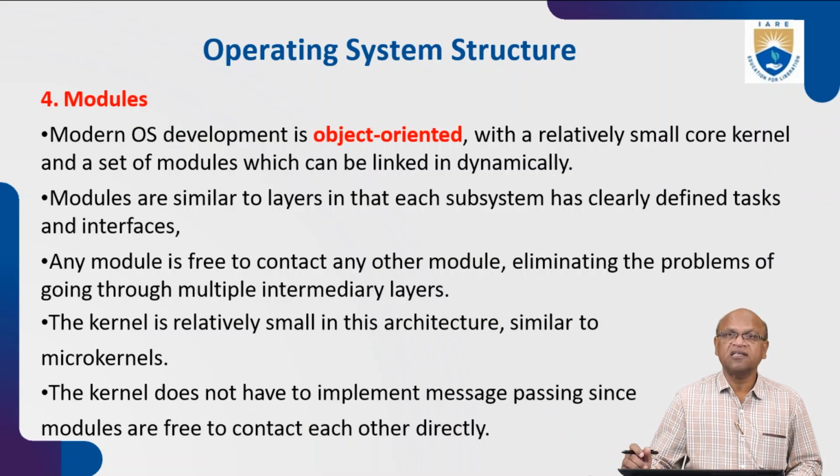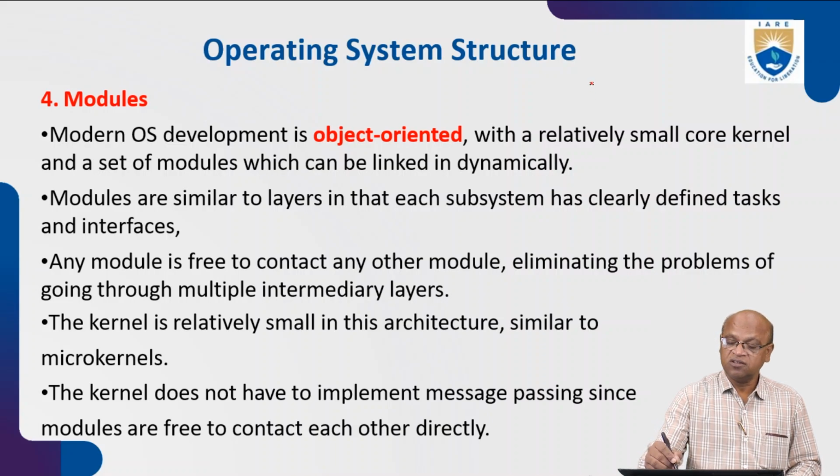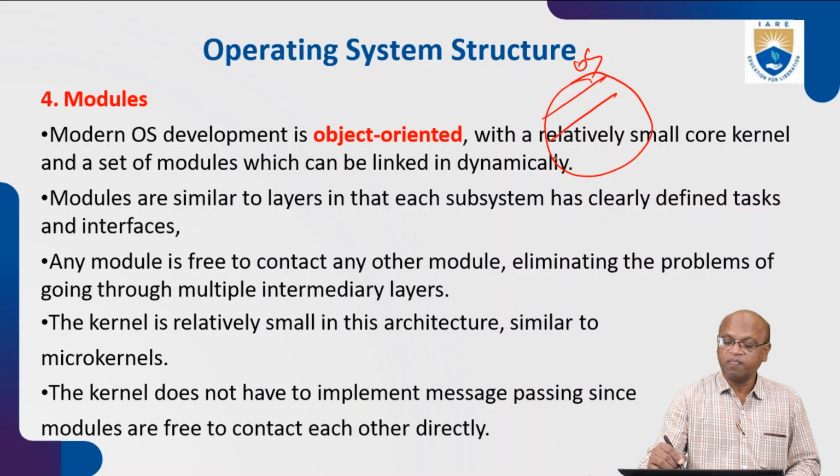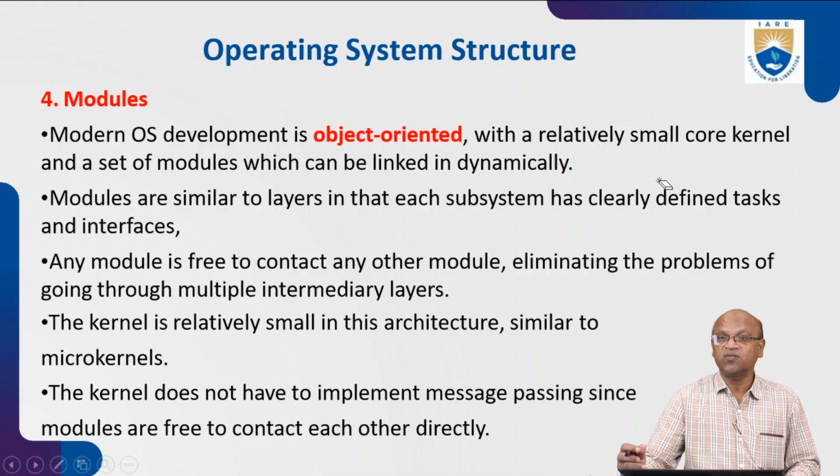This is another operating system structure: modules. This is our OS, and inside it a number of modules are created: module 1, 2, 3, 4, 5. More modern OS development is object oriented, with a relatively small core kernel and a set of modules which can be linked in dynamically.